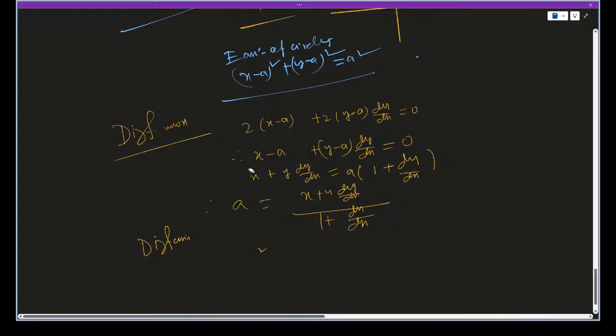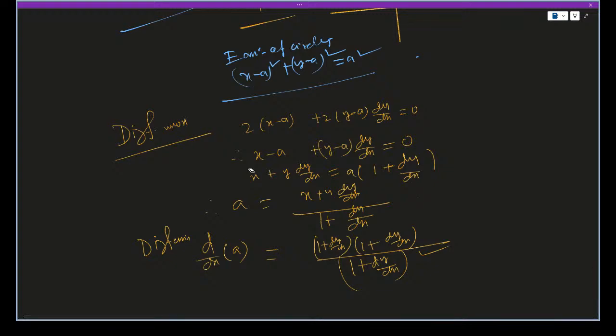Differentiating again, a equal to 1 plus dy by dx whole square. Derivative of x is 1, plus dy by dx.